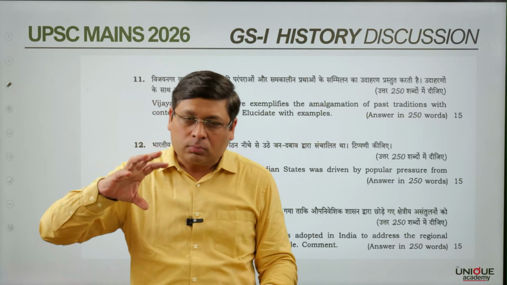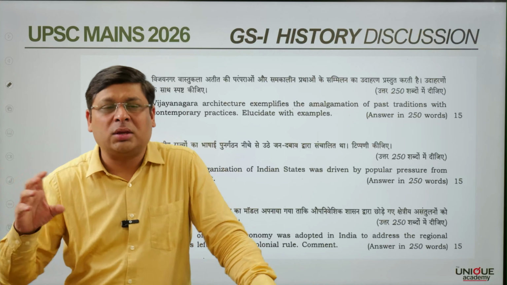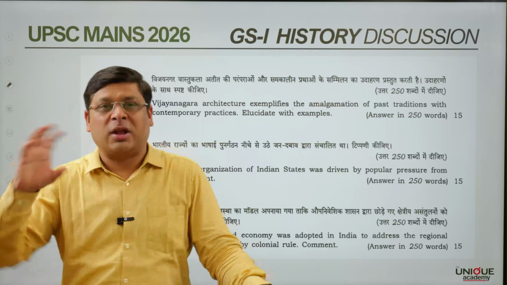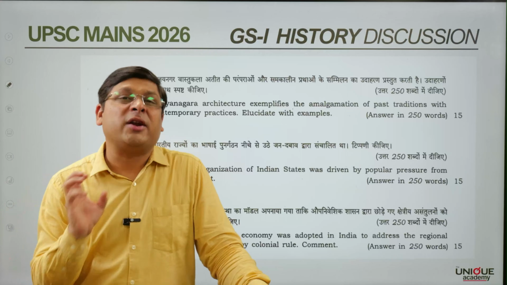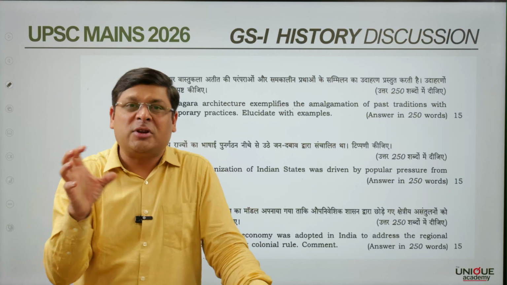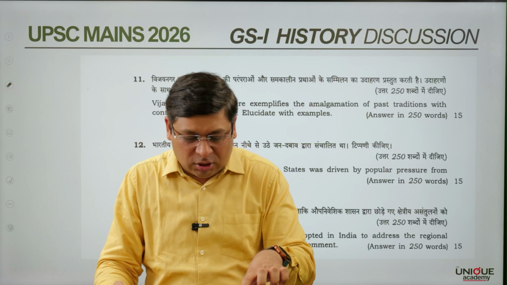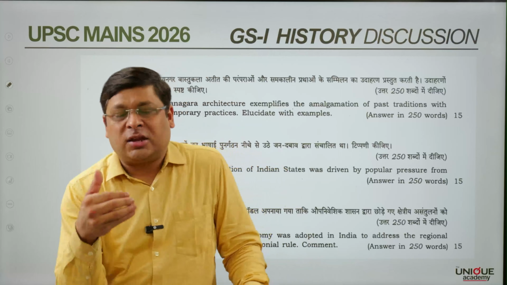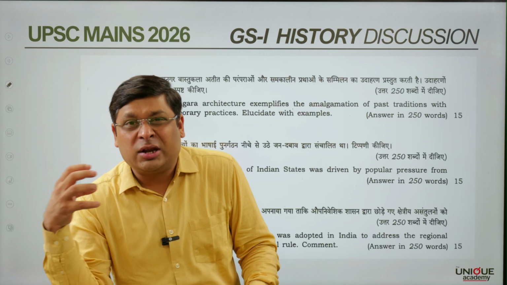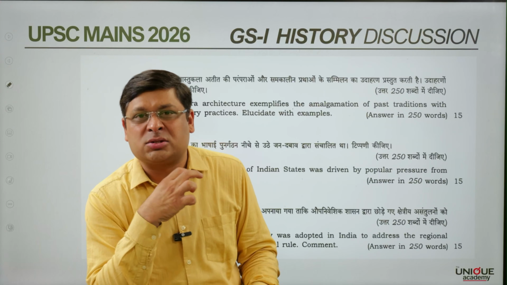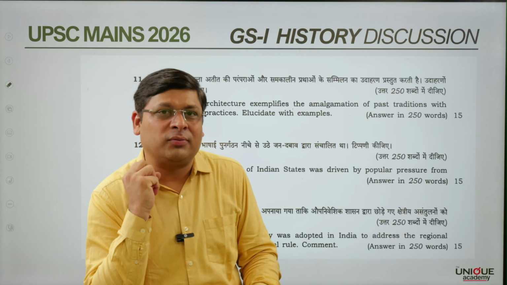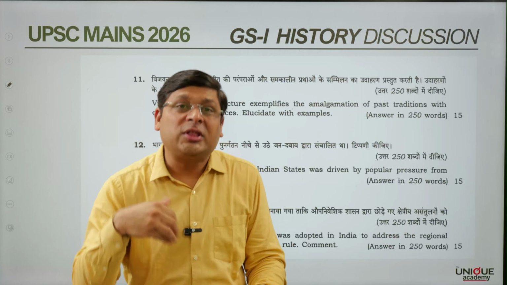For example, they were not hesitant in borrowing the arch and dome method from Deccani Sultanates, right? Vaulted roof, for example. So all these elements were fused with the traditional South Indian architecture. Number two. Number three, in temple architecture, they continued with the basic structural elements of what is called the Dravidian school of temple architecture, with innovation.